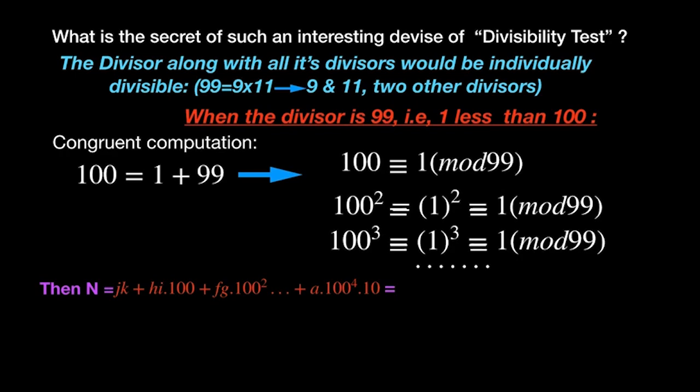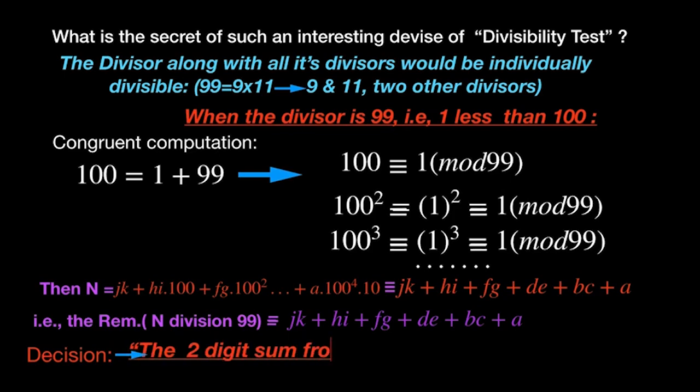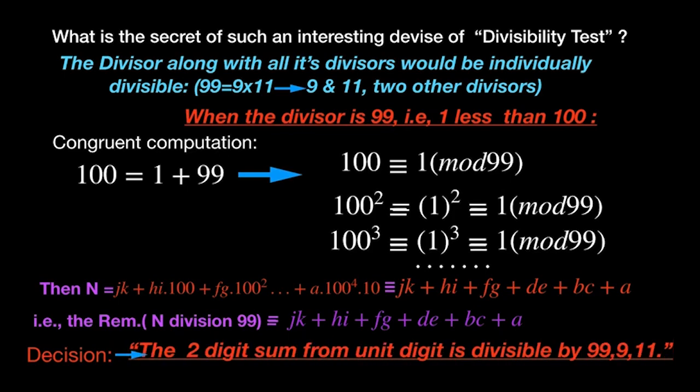So the remainder of the number n will be congruent to the sum of its 2-digit blocks from the right side, that is jk plus hi plus fg plus de plus bc plus a, and the divisibility is this: the 2-digit block sum from the unit digit is divisible by 99.